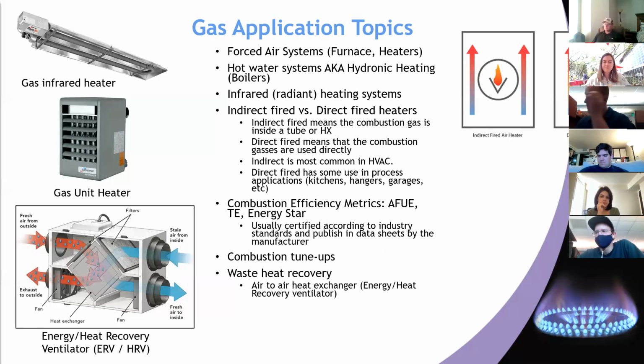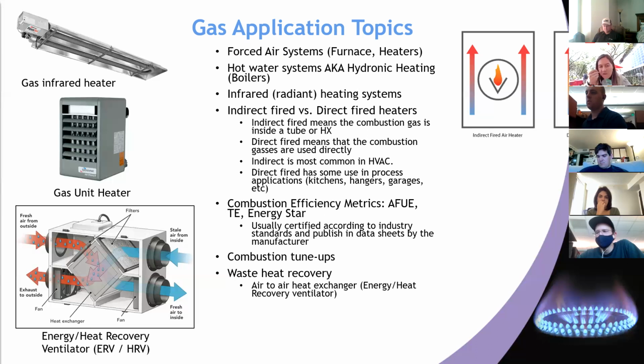So combustion efficiency metrics are usually certified by the manufacturer of the equipment. Thermal efficiency or combustion efficiency are standard for boilers. Most of the time, when you look up a boiler, the manufacturer will have specific product information that corresponds to tests that it ran according to a certain standard.